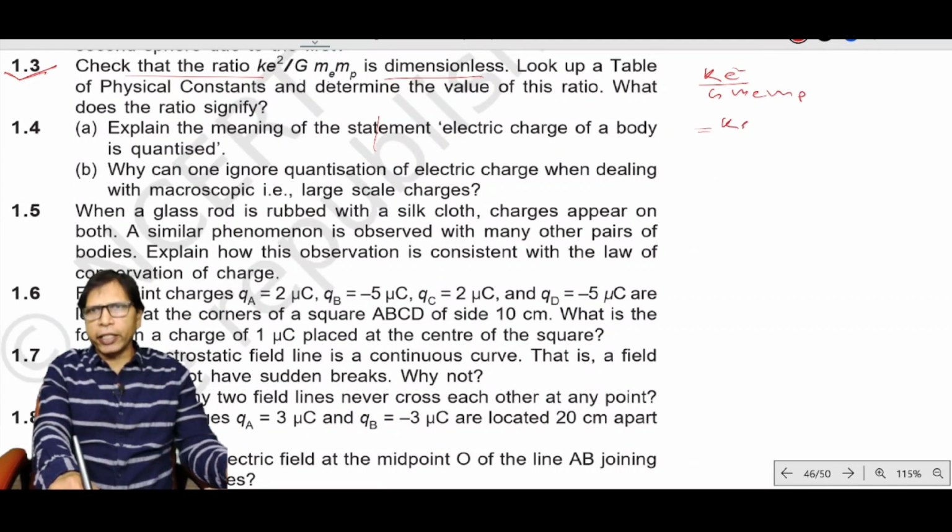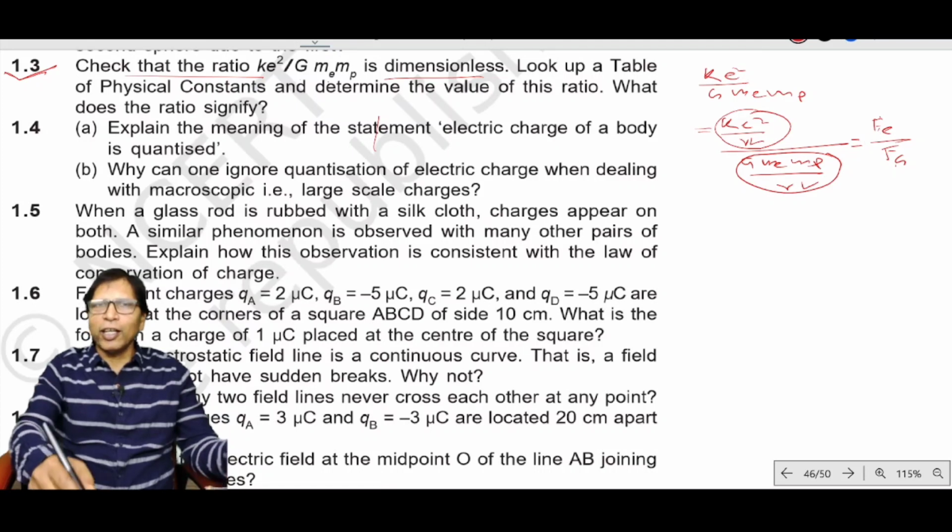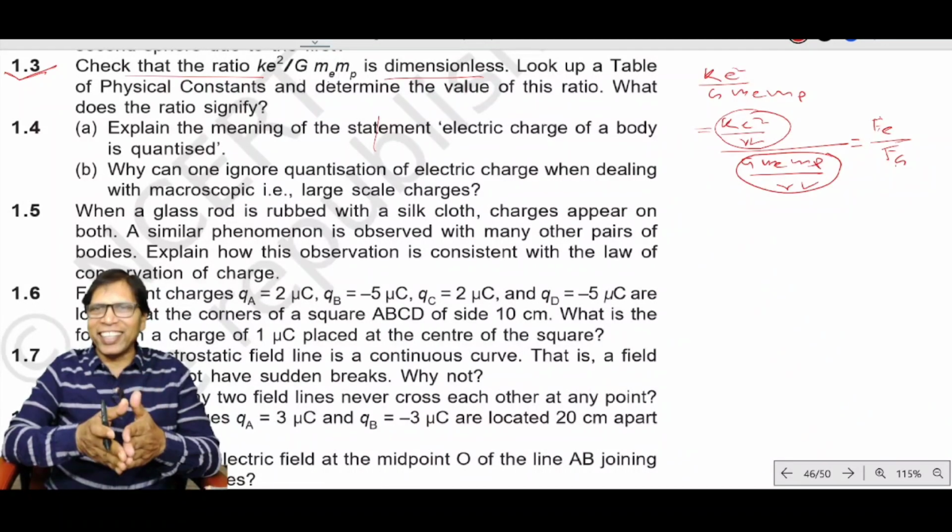K E square by R square, whole divided by G ME MP divided by R square. This is the electrostatic force of interaction between proton and electron, this is the Fe, and this is the gravitational force of interaction between proton and electron. So these are the two forces. So it is dimensionless.